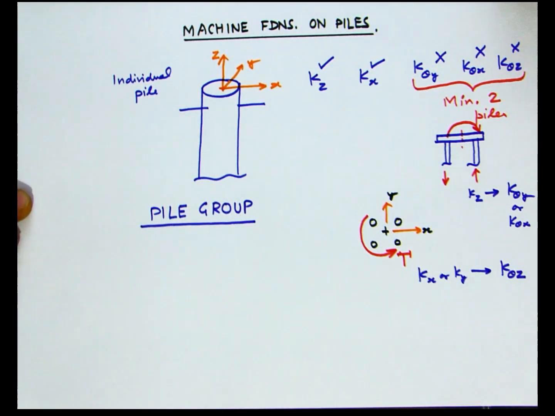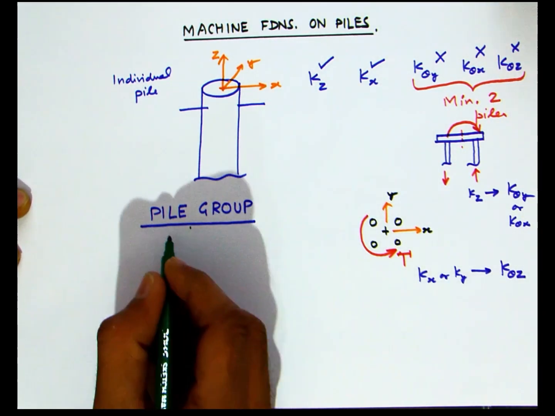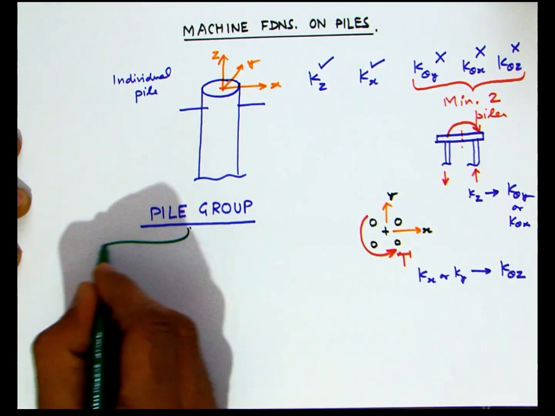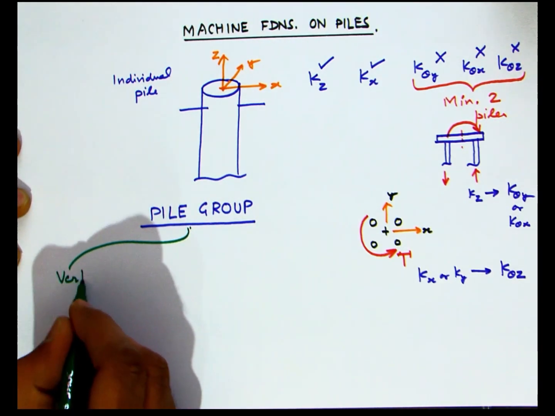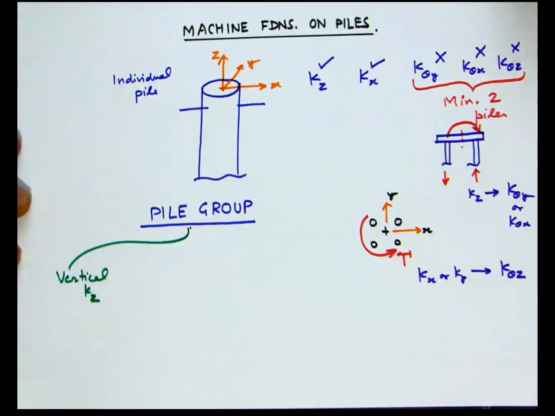So that's why in general a group of piles is necessary in the case of machine foundations to provide adequate stiffness against various kinds of motions. So as far as a pile group is concerned, we can summarize the source of various kinds of stiffness.